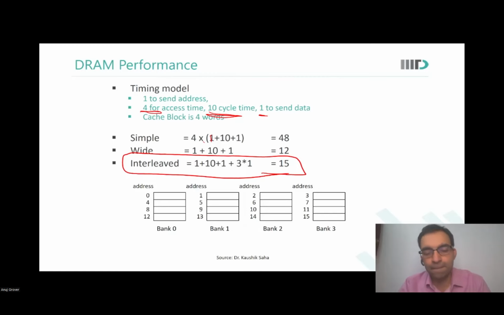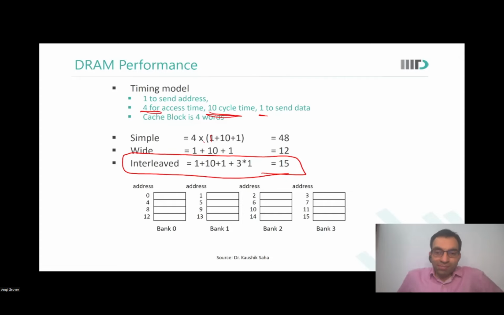Sir, if we compare wide and interleaved, in wide we are using a greater width of cache and bus and getting lesser time. But in interleaved we are using a lesser width of cache and bus and still getting the equivalent time using this increased bandwidth.